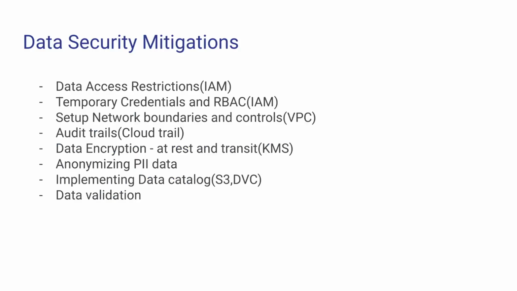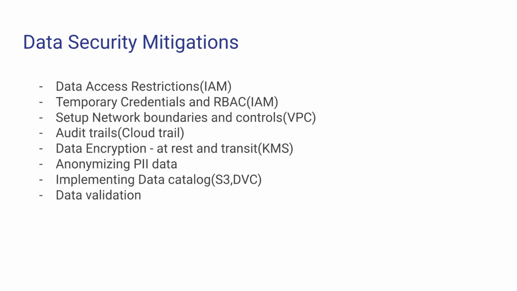For the data security mitigation, we can implement data access restrictions and temporary credentials that allow the users of our platform to have access to the data they need and only the data that they need. And in addition to that, we also have these systems or these users able to assume temporary credentials to perform any operations which they intend to perform within the cloud environment.